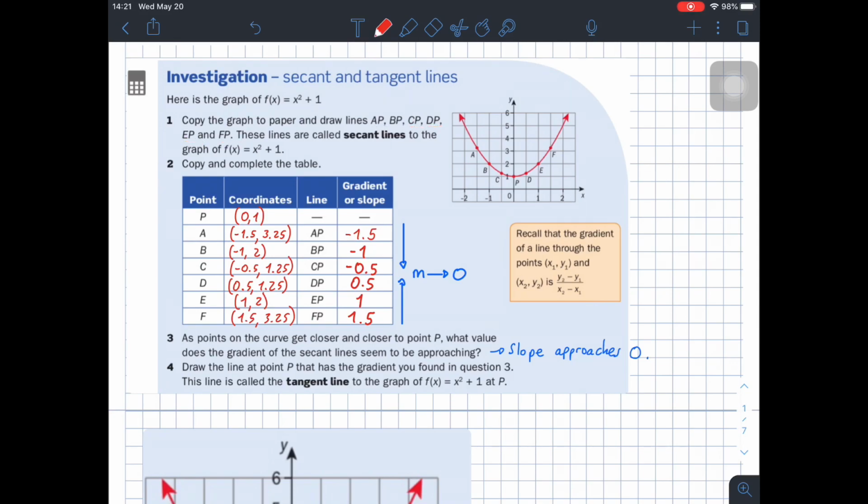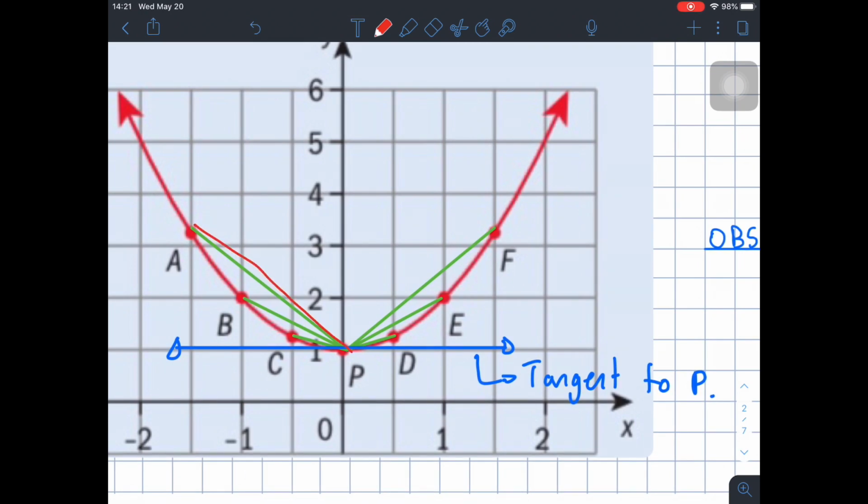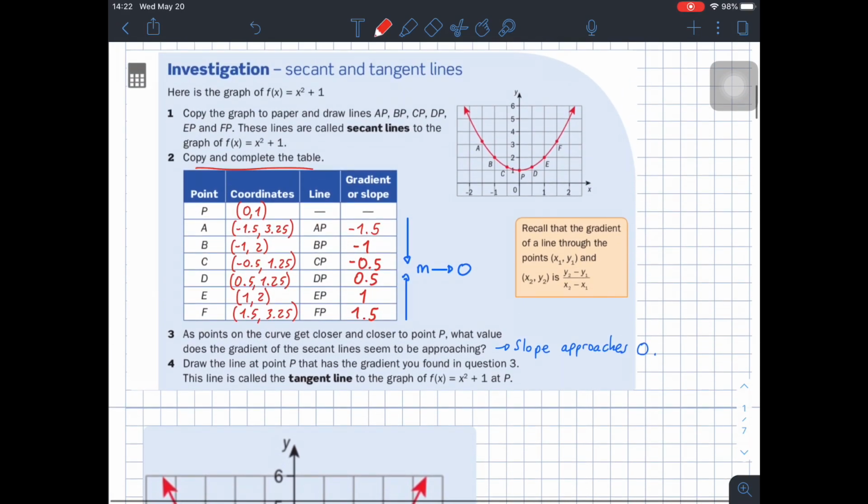Okay, so that's what you see here, the green lines, right? Those are the lines that I was asked to trace. Then it says, copy and complete the table. So we have point P, and we want to write its coordinates, so the coordinates of all the points.